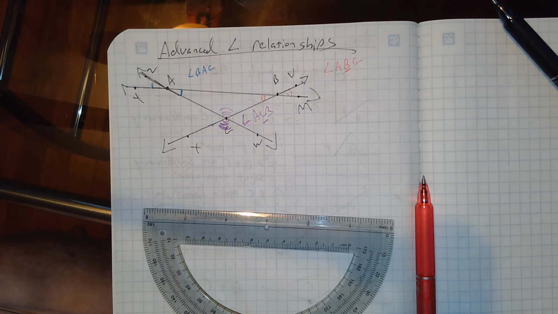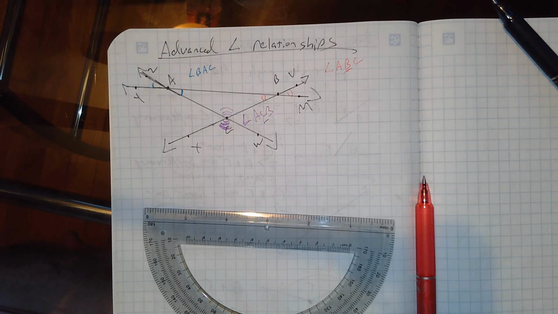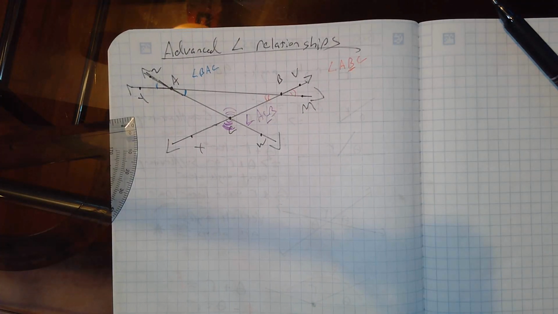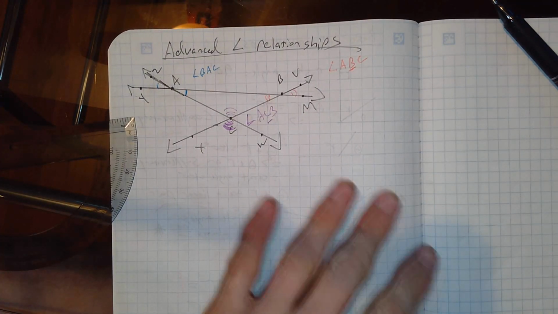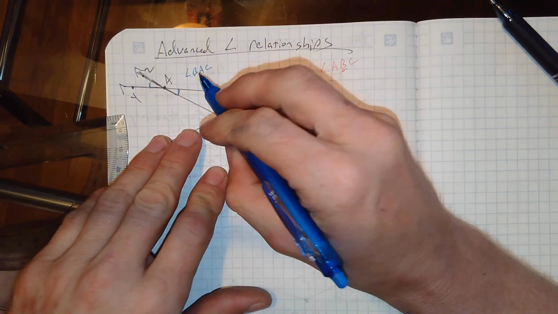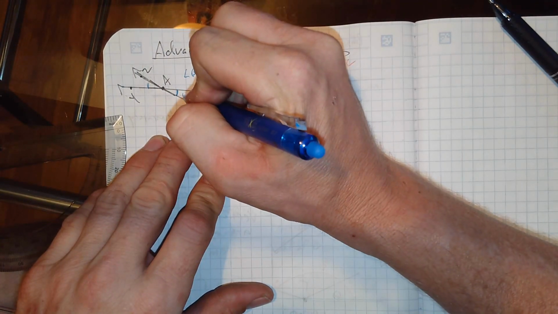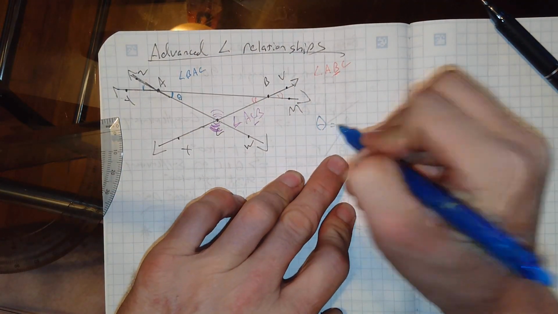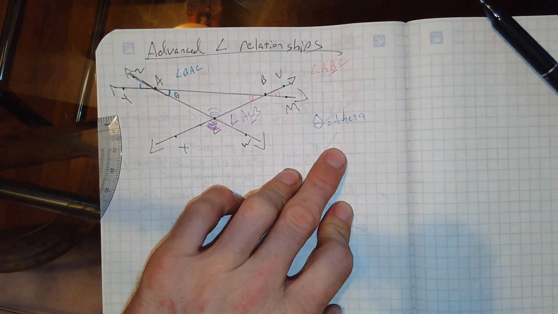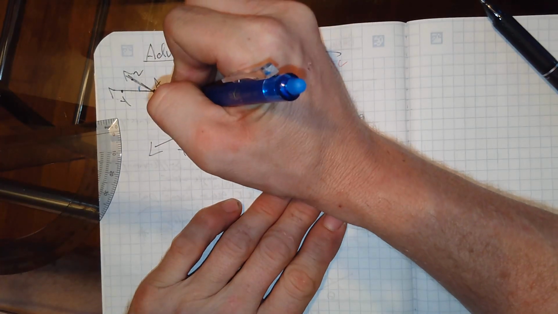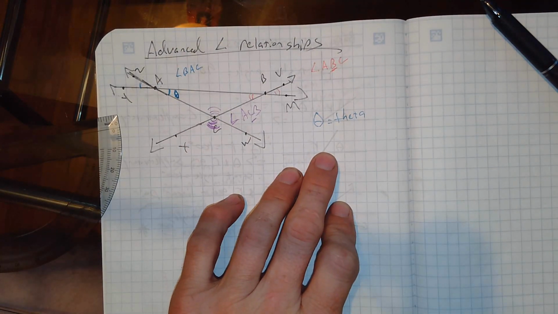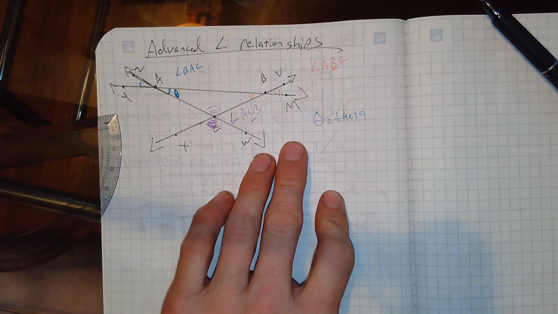We can also use Greek letters because Greek letters are funny shaped, and sometimes it's easier to identify them. So some common ones to use: instead of saying BAC, we can call this angle theta. This is common. Theta is like a set of parentheses with a slot through it, okay? Then we could call this one angle sigma.